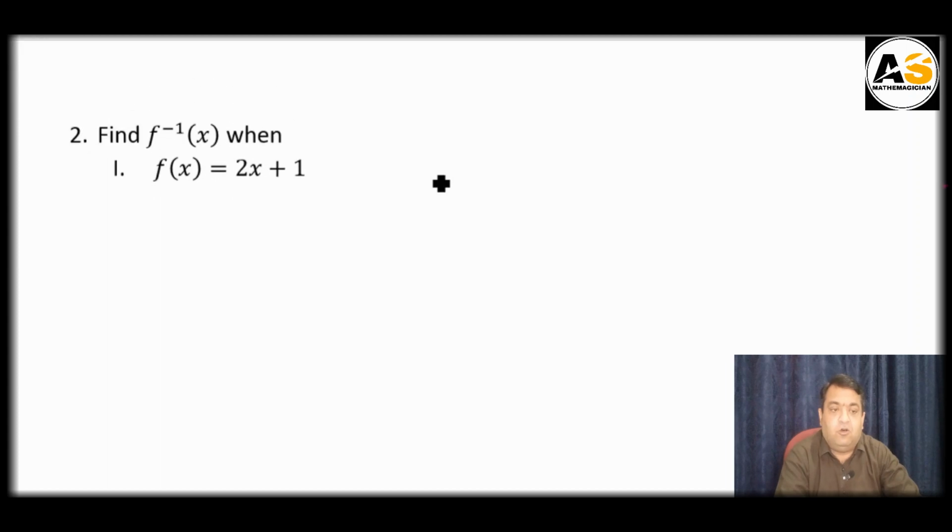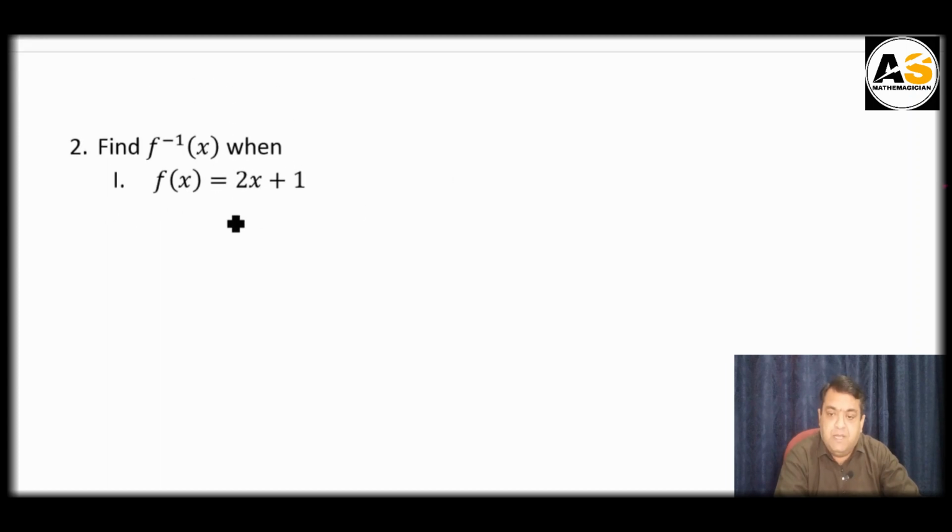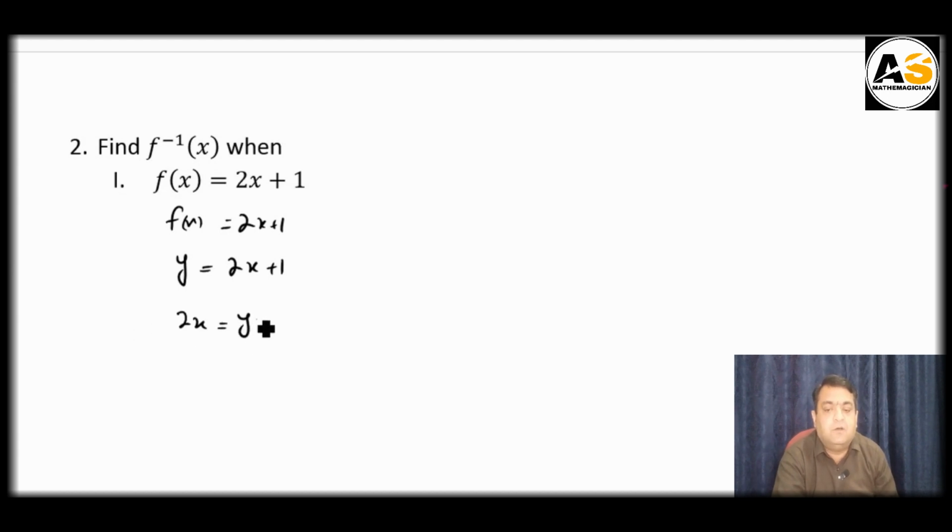We are just recalling lesson number 1. F of x is given. What is the procedure for finding f inverse? F of x is equal to 2x plus 1. We will replace f of x by y. This is our first step. Then in the second step, we will solve this equation for x, and we will find the value of x in terms of y.